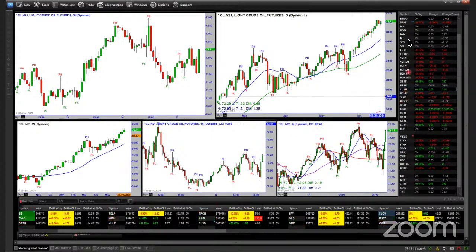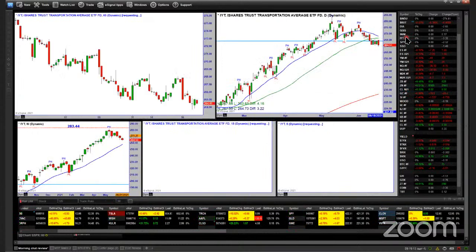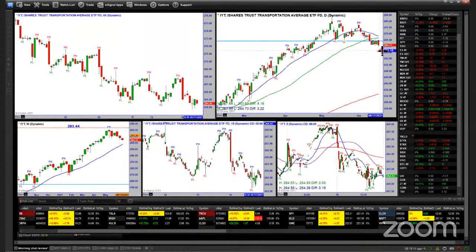And transports. Are they going to start dropping again? So we got some mixed messages here, but this is not looking very good. Interest rates, see if they perk back up again. Obviously, the correction that was signaled by our market internals about 2.5 weeks ago is playing out.